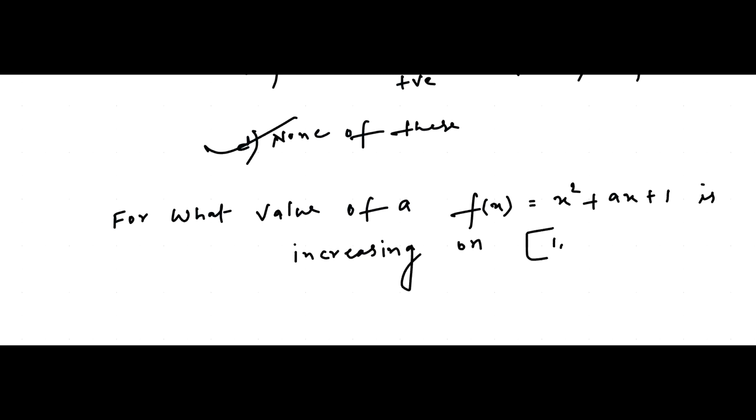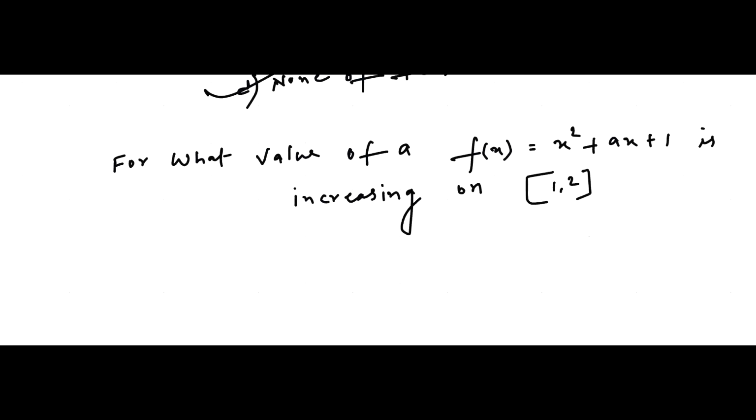In this interval, what shall we take as the value of a so that our function will be increasing? The same approach we use for solving any question, we'll use here also. We will find f dash x, which will be 2x plus a.